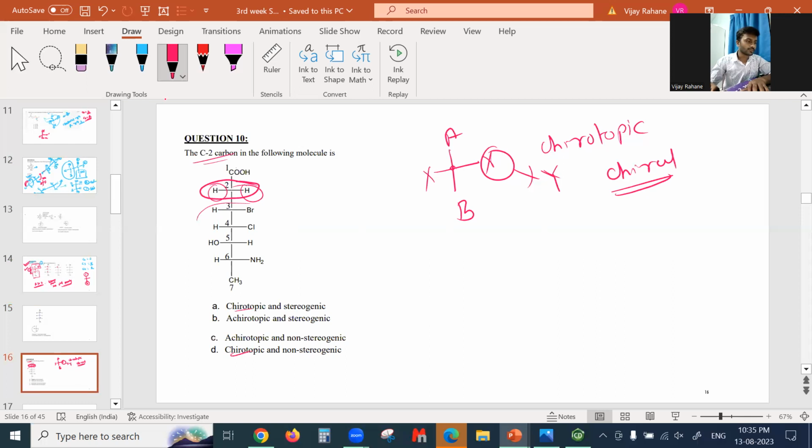So options A and D are the correct options. And again, this is stereogenic or non-stereogenic. Obviously, this is non-stereogenic because these are the same atoms. So option D is the correct option here. It is not stereogenic, it is non-stereogenic.